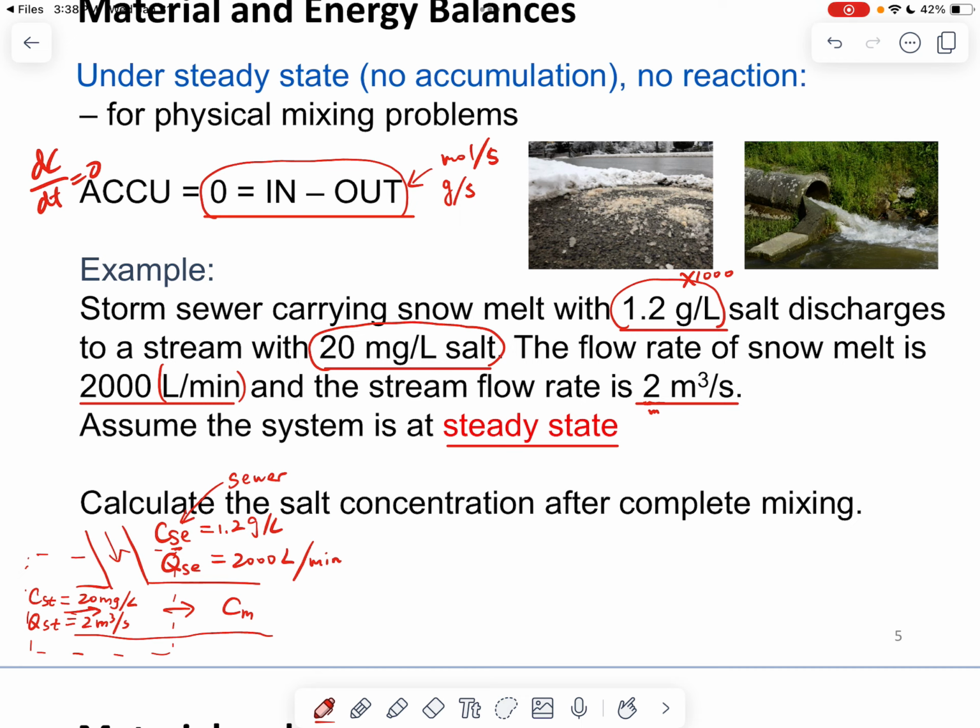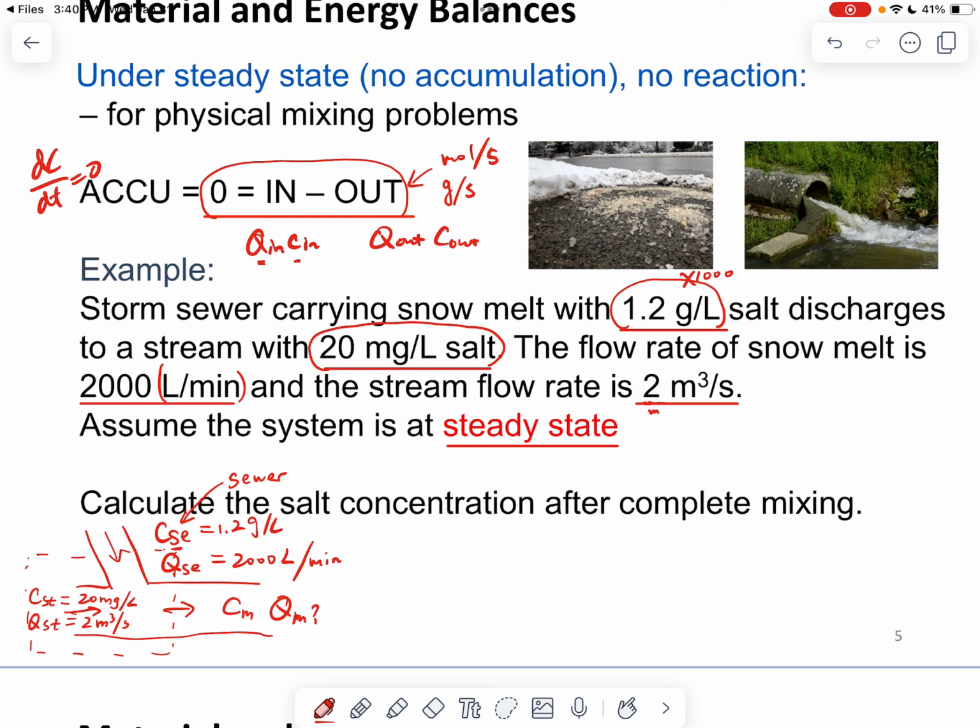But in order to make the mass balance work, we need to also find out how to express these ins and outs. So we said that the inflow is Q in, C in, and outflow is Q out, C out. You see it needs both the concentration and the flow rate. Here you have concentration and flow rate for the inflows, but what about the flow rate for the outflow? Let's say Qm.